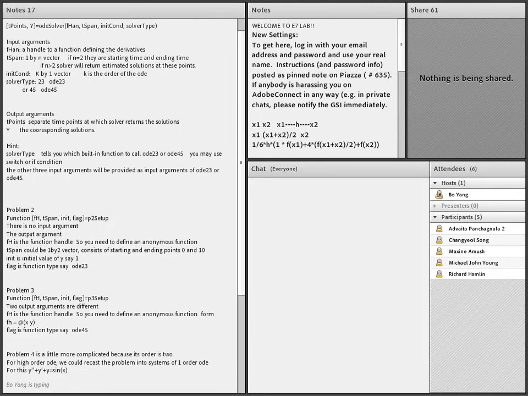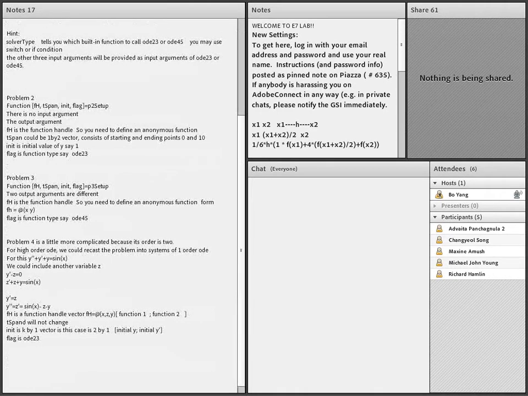So for higher order ODE, we need to recast the problem into a system of first order ODEs. The idea may be introduced in the videos by the professor. In this problem, we have an expression: y double prime plus y prime plus y equals sine x.